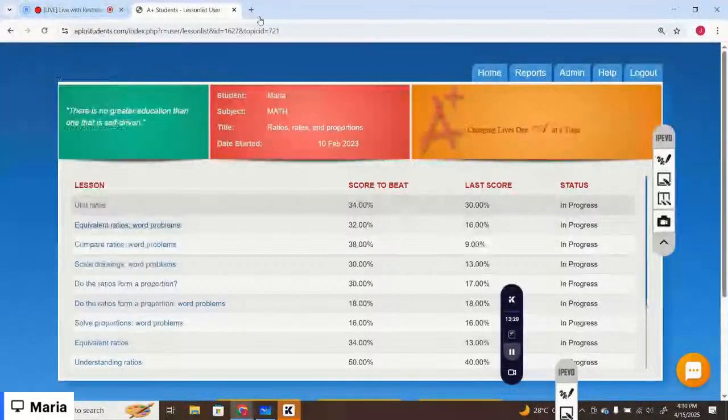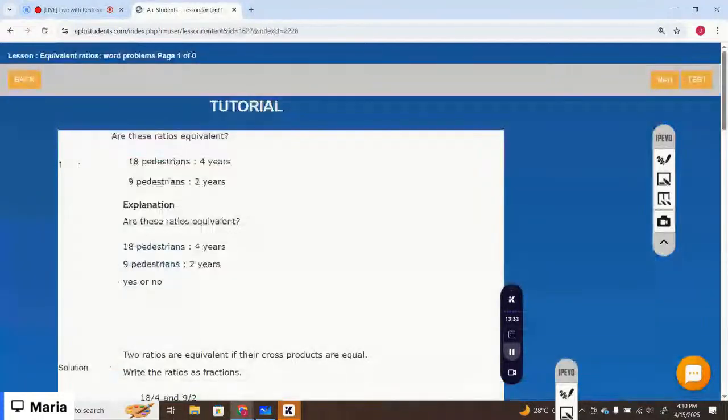The next lesson is equivalent ratios word problems. Are these ratios equivalent? 18 pedestrians to 4 years and 9 pedestrians to 2 years.